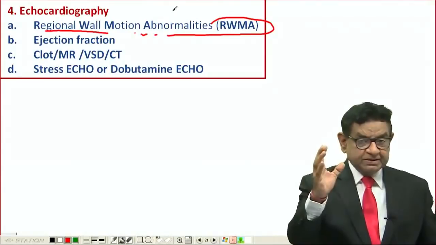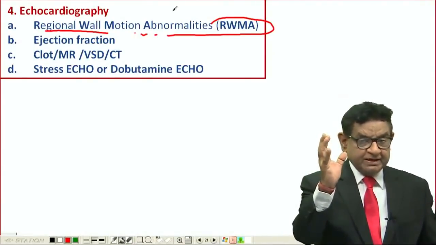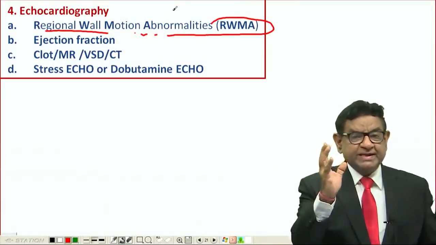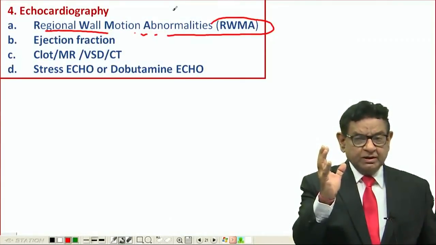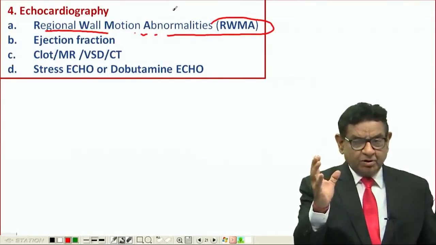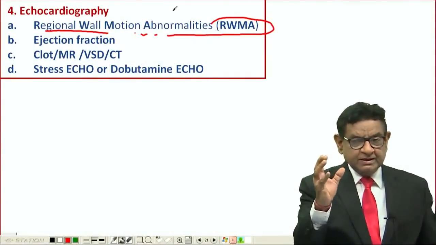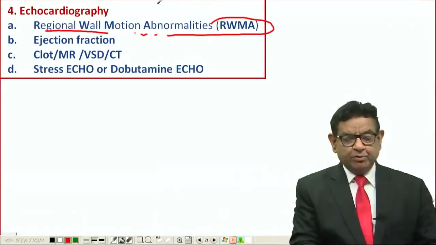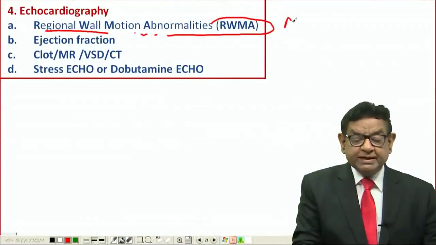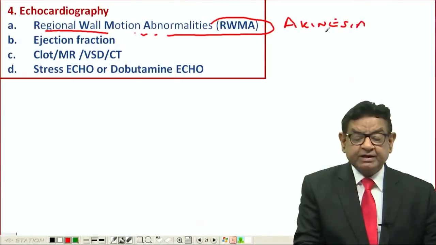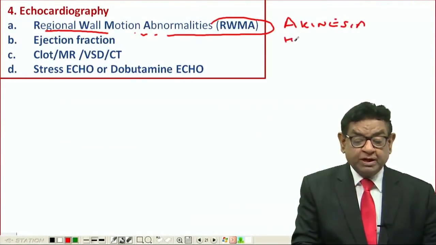Suppose there is tissue ischemia. Either there will be no movement at all in the myocardium, we call it akinesia, or they have less movement, we call it hypokinesia. So no movement is akinesia, and less movement is hypokinesia.